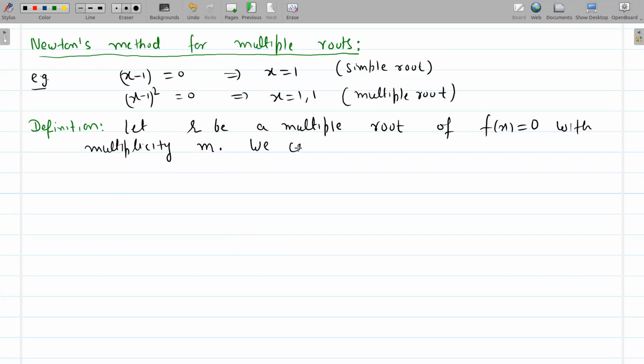So in this case we can write f(x) equals (x minus r) power m multiplied by phi of x, with phi of r not equal to 0.